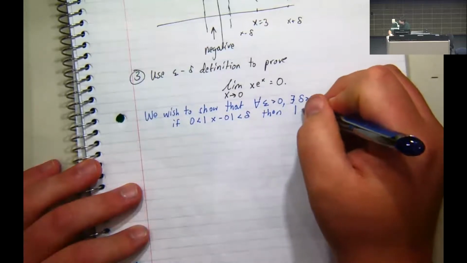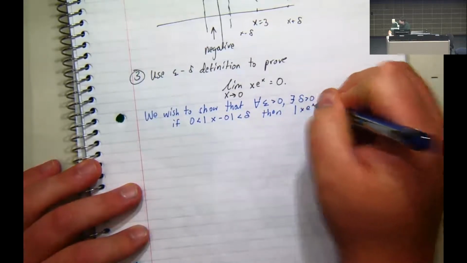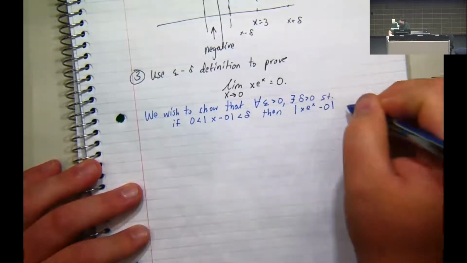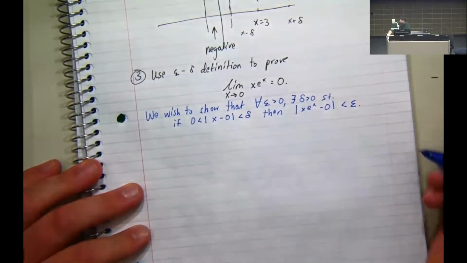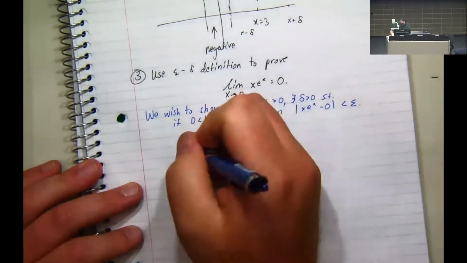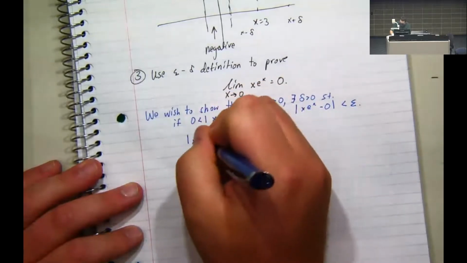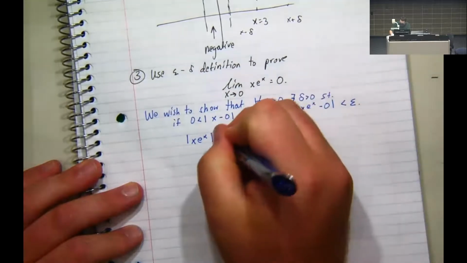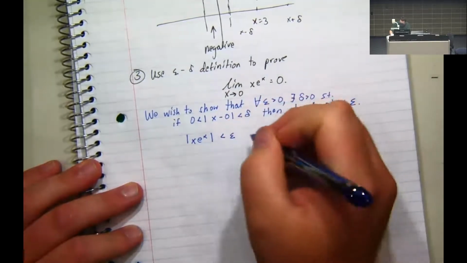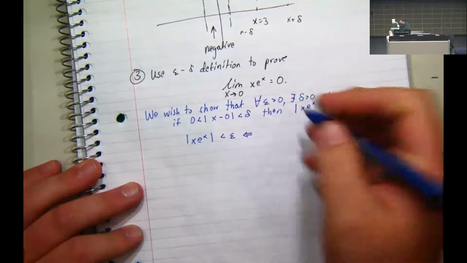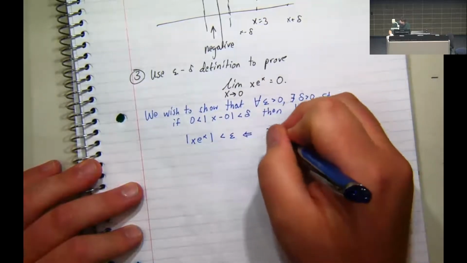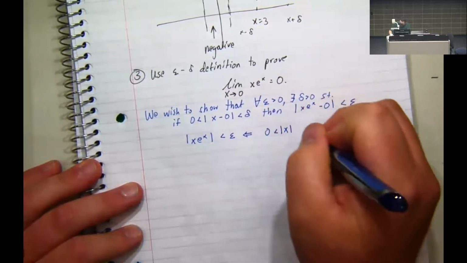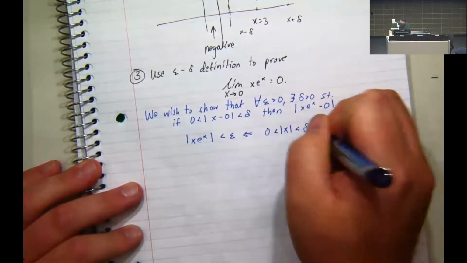absolute x e to the x minus 0 is less than epsilon, or written as he would write it, absolute x e to the x, I'm going to remove the minus 0, is less than epsilon, follows from 0 is less than absolute x, which is less than delta.